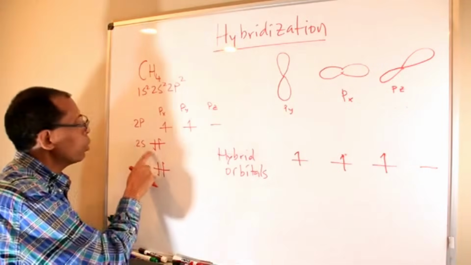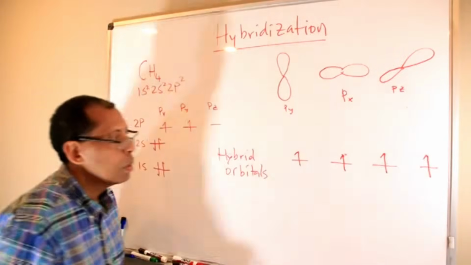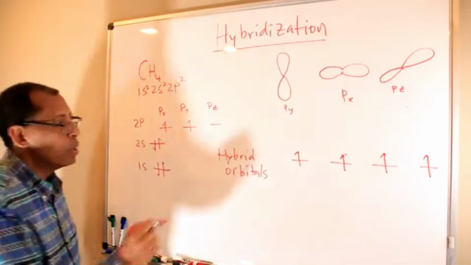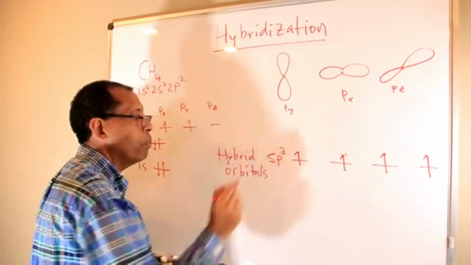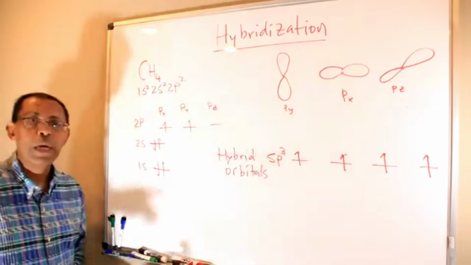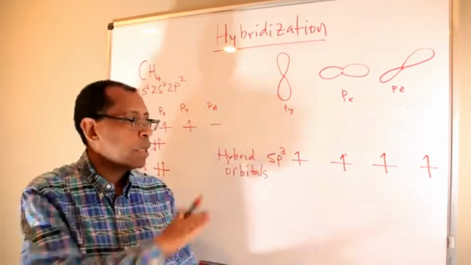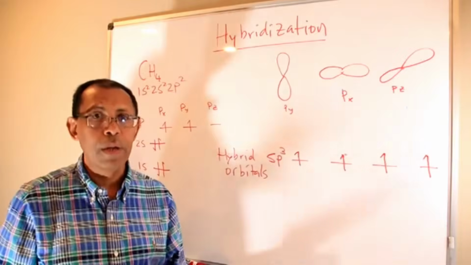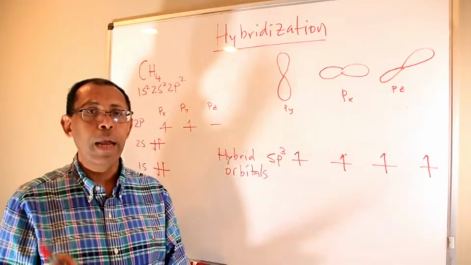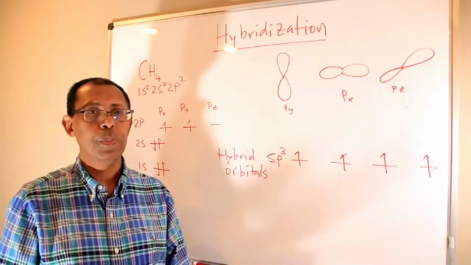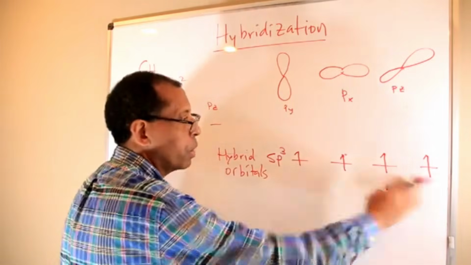There is one electron which was already here and occupies this. Look at this now. This is a hybrid of an s and 3 of the p. That's why it's called sp3 hybrid orbital. Energetically, they are all the same. They are equivalent, and they contain a single electron in each orbital. So sp3-1, sp3-2, sp3, sp3.